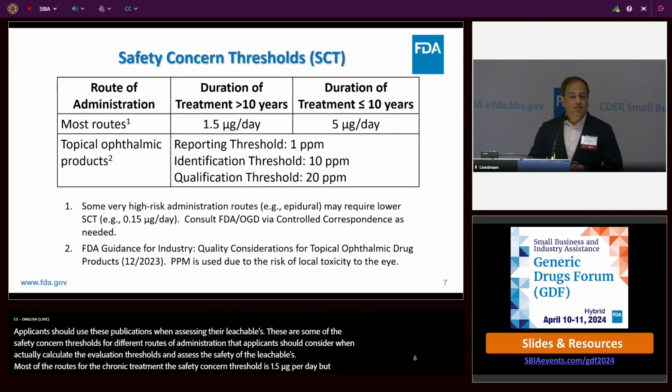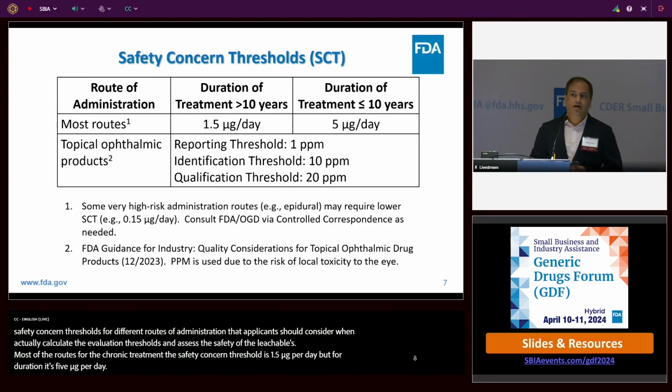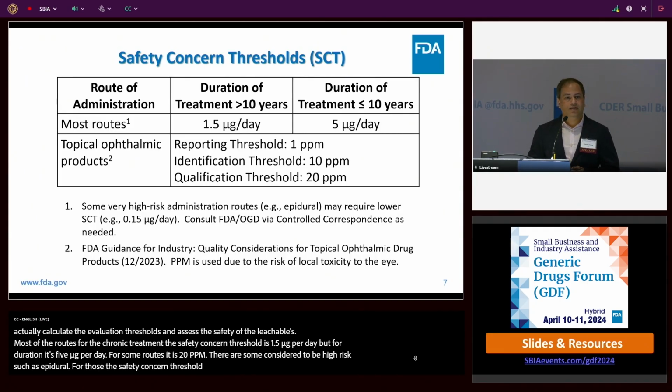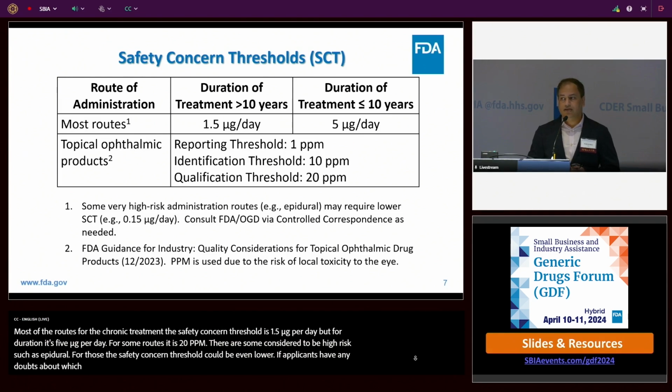For the ophthalmic topical products, the typical qualification threshold is 20 ppm. There are some routes of administration that are considered to be very high risk, such as epidural, and for those, the safety concern threshold could be even lower. If applicants have any doubts about which safety concern threshold to use for such scenarios, they could contact the agency via control correspondence.